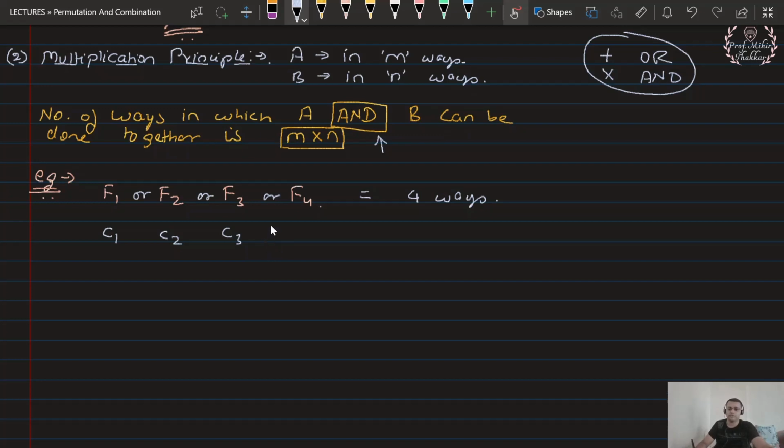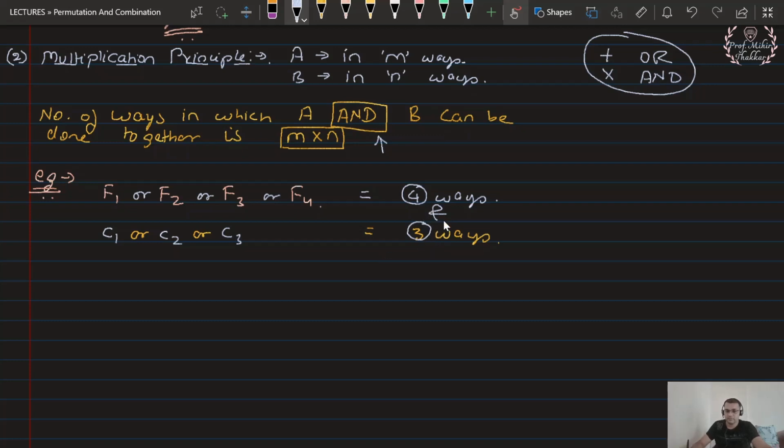These are the only 3 options available. The remaining options have probably finished. So once again I have to select one of the 3 containers, and this can be done in 3 ways. But when you want to purchase one ice cream, I have to select a flavor and a container together.